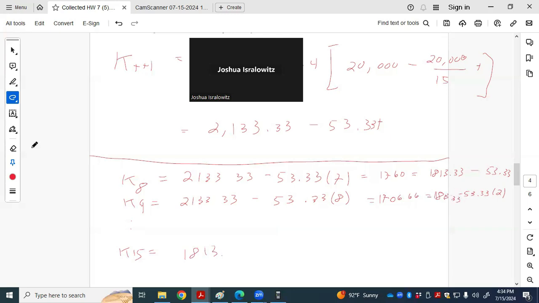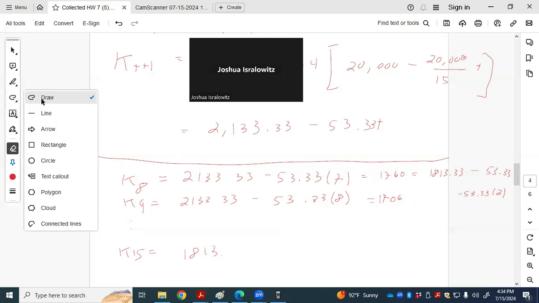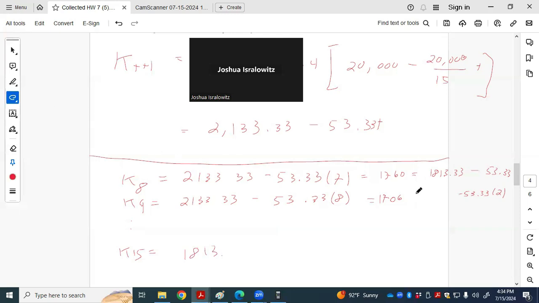1813.33. It's a little messy. Let me do it like this. Sorry, this is getting to be a big waste of time. Much better. 1813.33 minus.